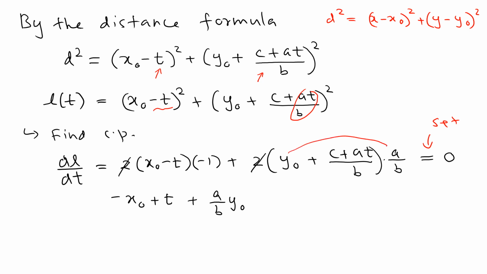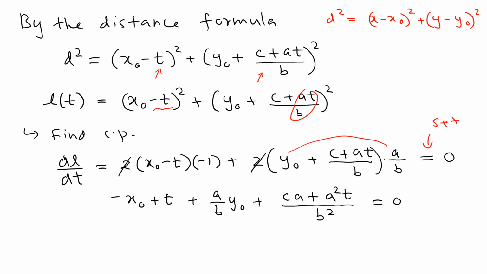You also multiply the other terms, so you get ca plus a squared t divided by b squared, which is equal to 0. Let's keep going until we find the t value.